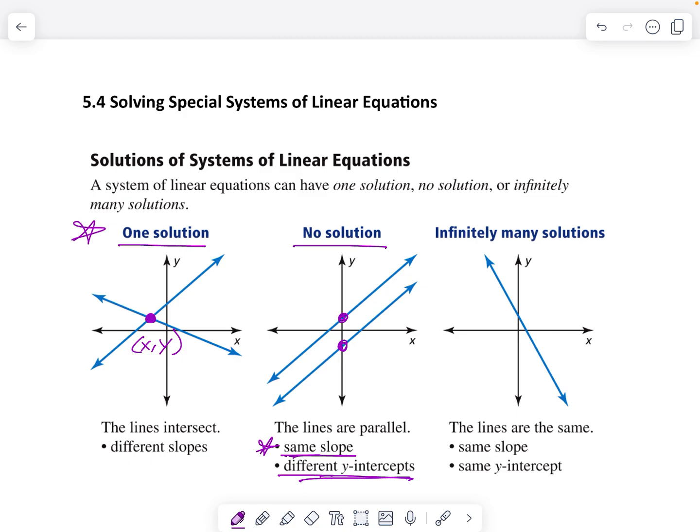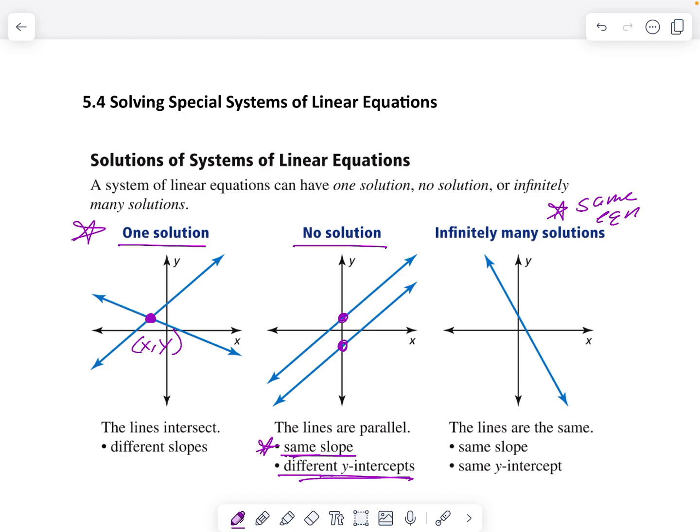The other possibility, and I know it sounds really strange, is you go to graph the two equations and they are the same equation. They might not look like it at first, but when you put them in y equals mx plus b form, or slope-intercept form, they end up being the same equation.